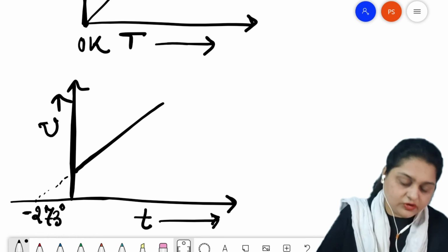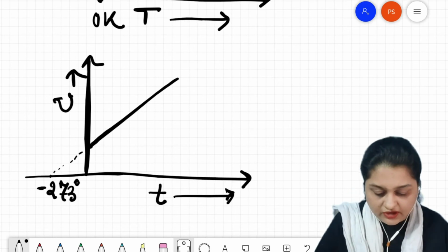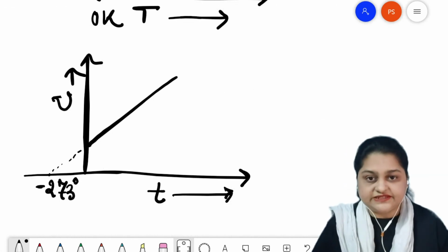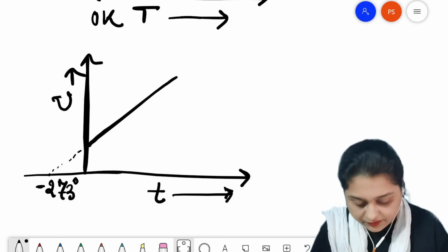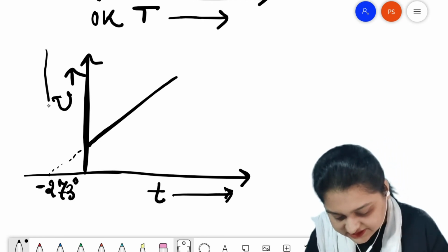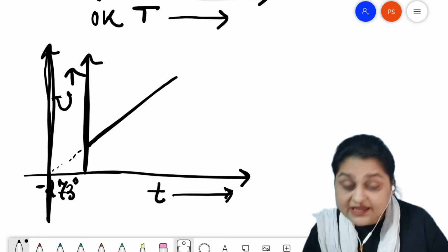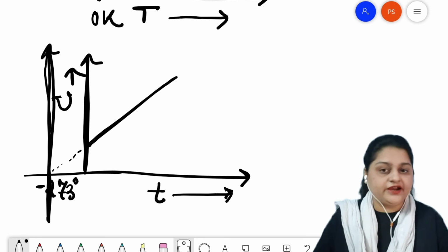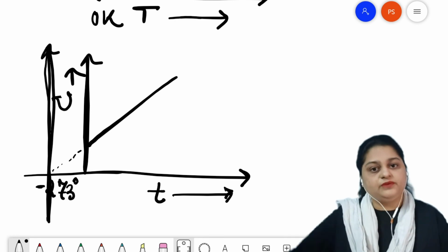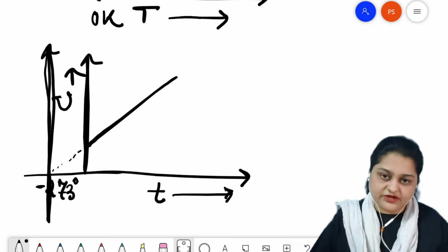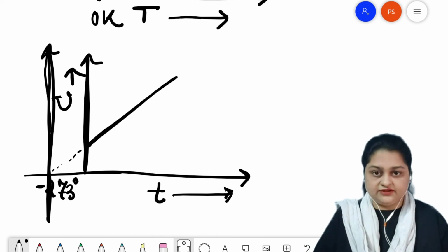This plot and the above plot are in fact the same kind of plot, just the volume axis has been taken from minus 273 degrees Celsius instead of 0 degree Celsius for the Kelvin scale.